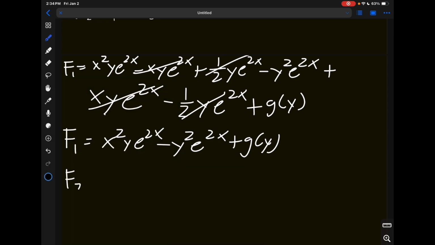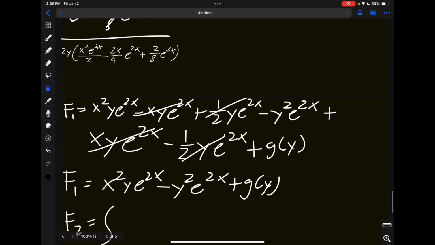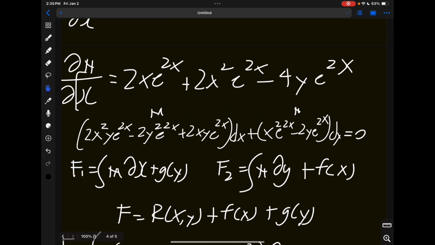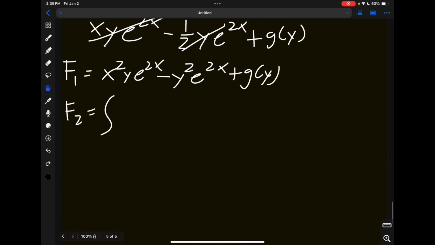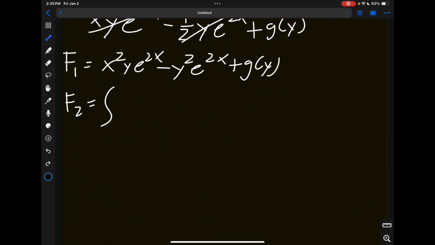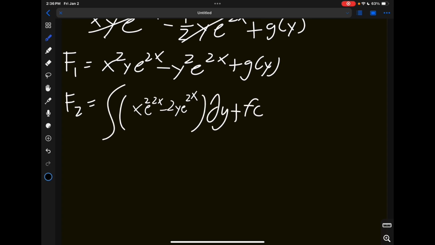Then let us solve for the f2. So our N is this one. This is our N. Multiply by the partial derivative of y, plus f of x.